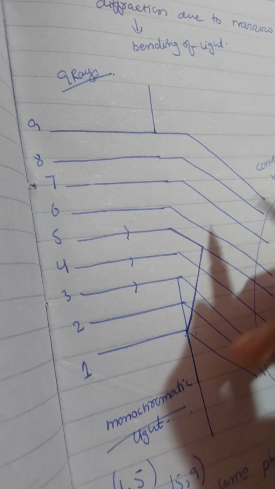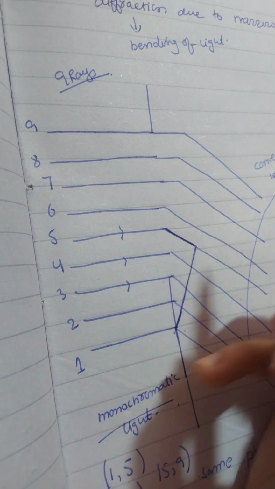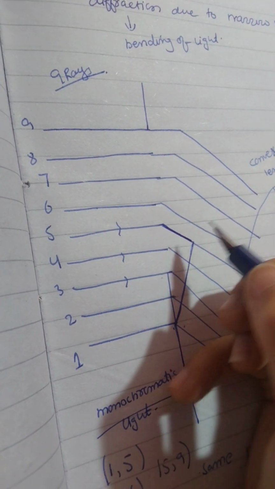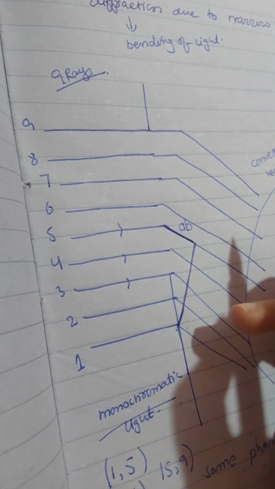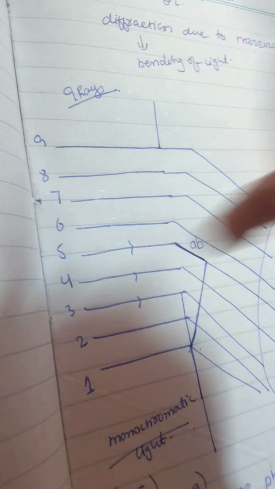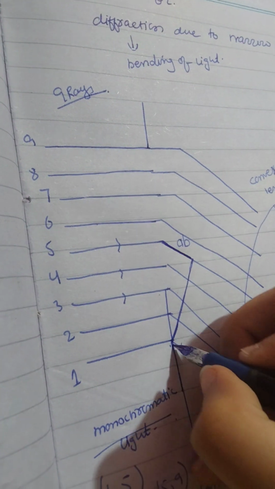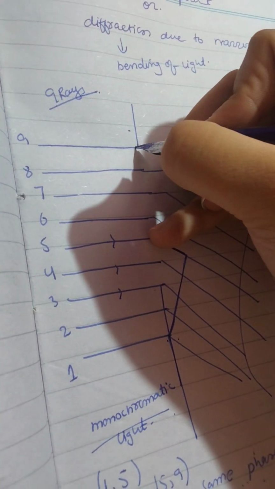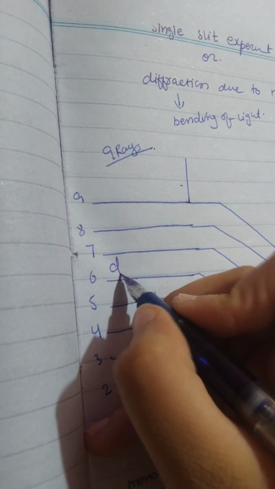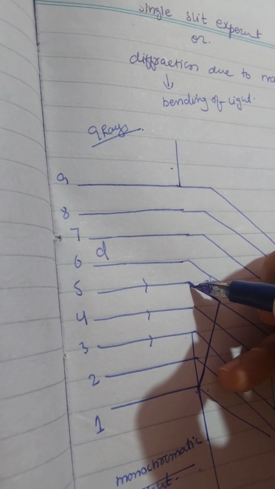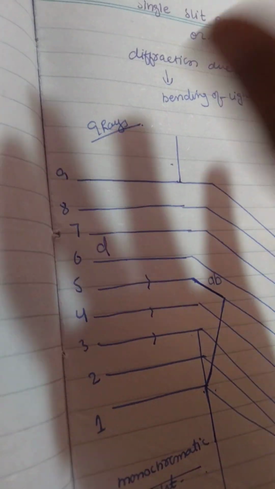As you can see over here, this is the path difference between 1 and 5, that is known as AB. We have named it AB. And as we know, the distance from this slit to this point is known as D. So obviously 5 is the mid of 1 to 9.